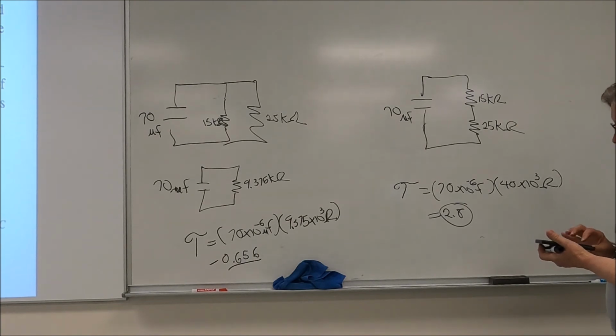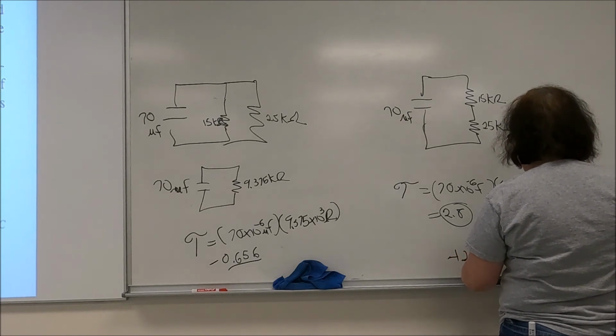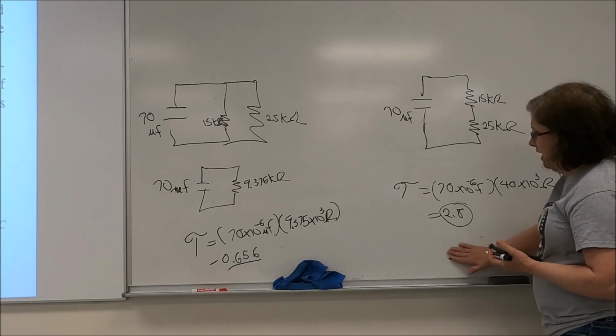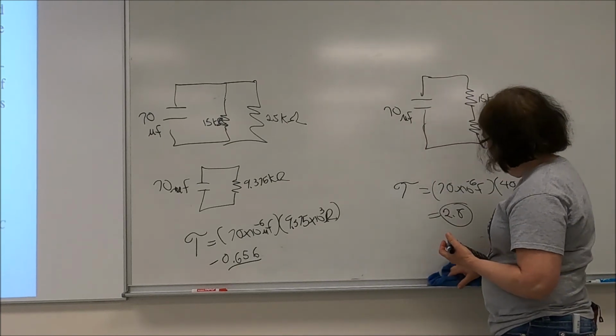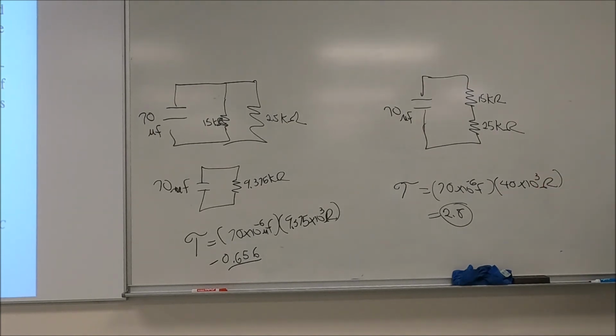So 2.8 divided by 0.656 gives me a 4.26 factor of increase in tau, just from changing from being in parallel to being in series.